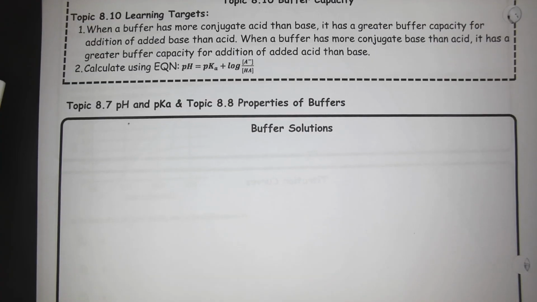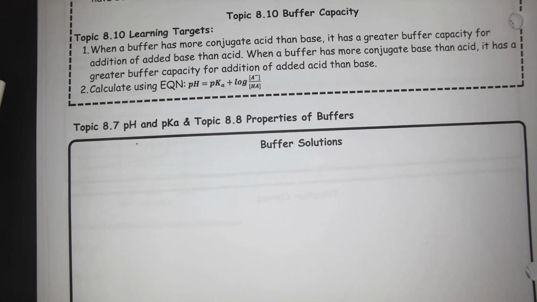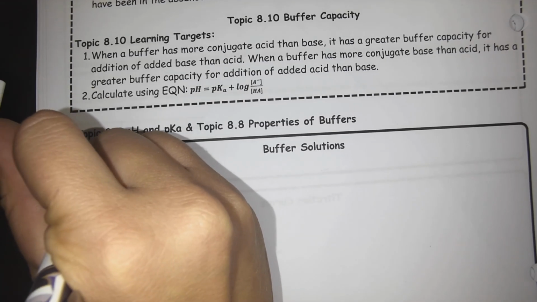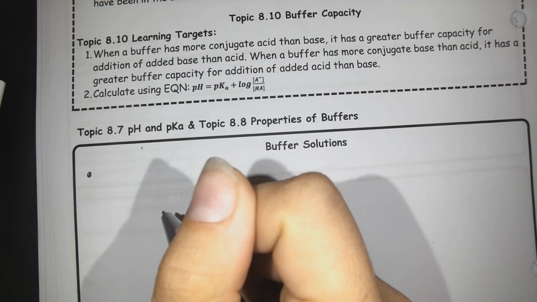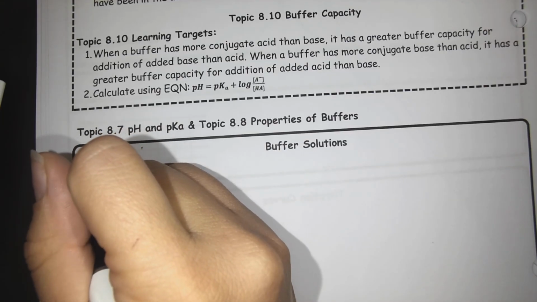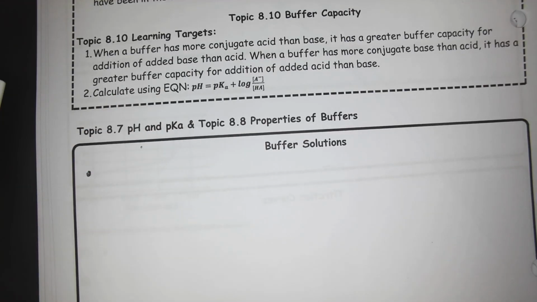And the reason why a solution is called a buffer solution is because it's a solution that is buffered against changes in pH, right? Like a buffer solution resists or slowly changes pH.